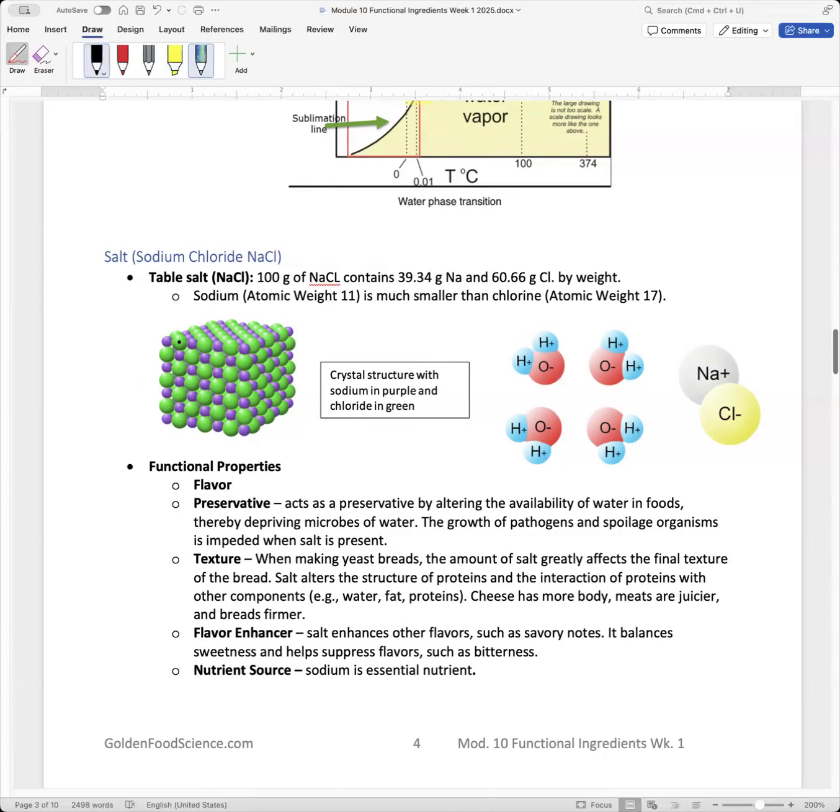The green is the chlorine and the purple is the sodium. So while we know that table salt is sodium chloride, actually by weight, it's not 50-50. The chlorine is bigger than the sodium. You can see up here the difference in the weight of the atoms.